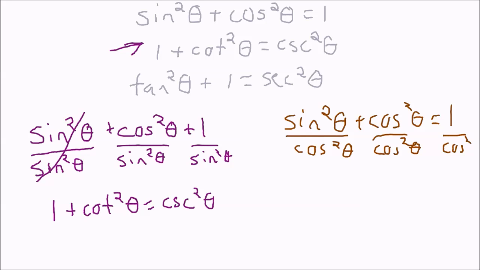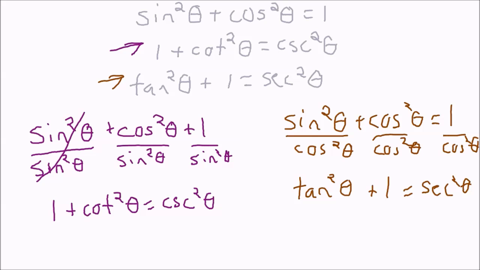Alright, sine squared over cosine squared is tangent squared. Cosine squared over cosine squared is 1. And 1 over cosine squared is secant squared. This is exactly what we wrote right here.